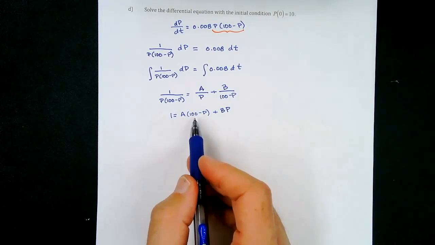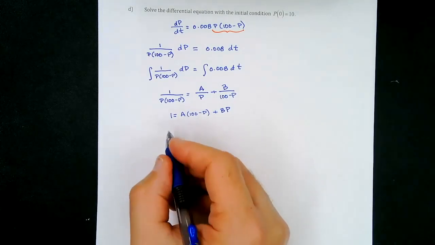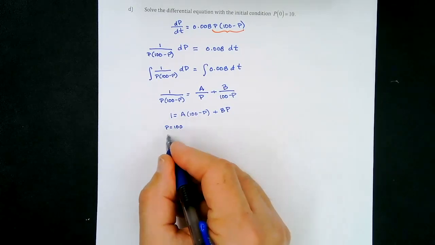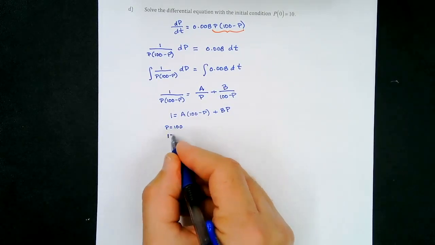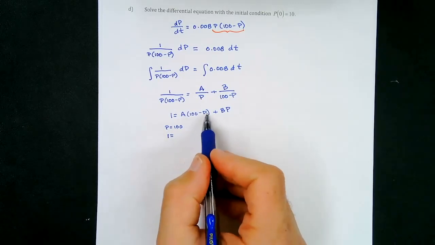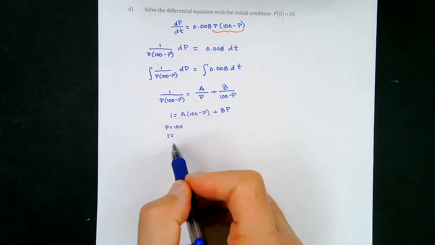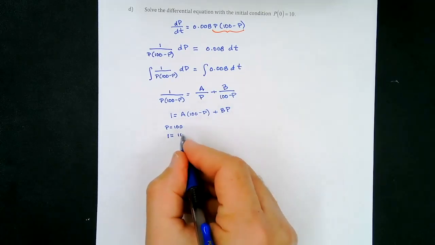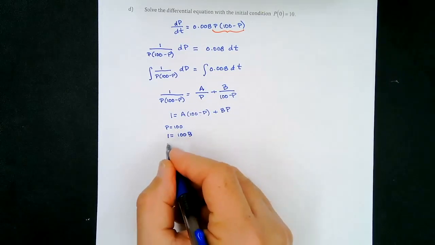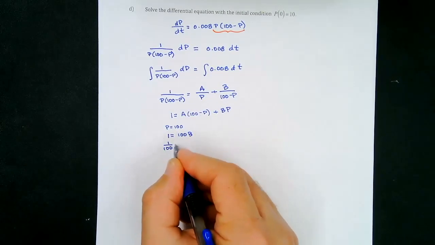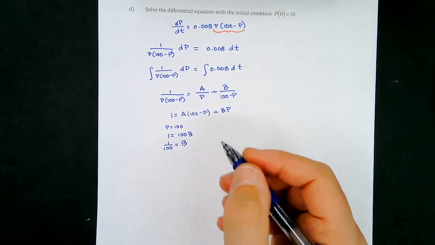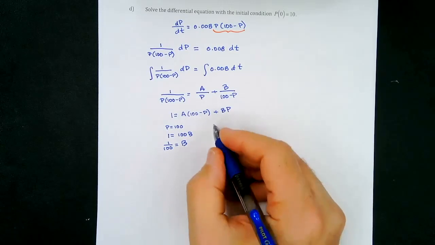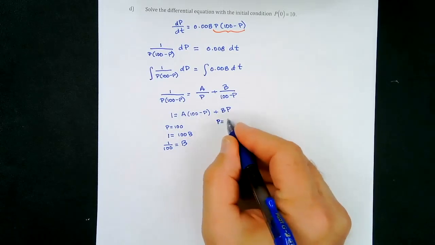So to get rid of the A, we're going to let P equal 100, and that would be 1 is equal to, well, when P is 100, this is going to be 0, so this is going to go away. So 1 is equal to B times 100, or 100B, which means 1 over 100 is the same as B. Okay, to get rid of the B and figure out what A is, we're going to let P equal 0.